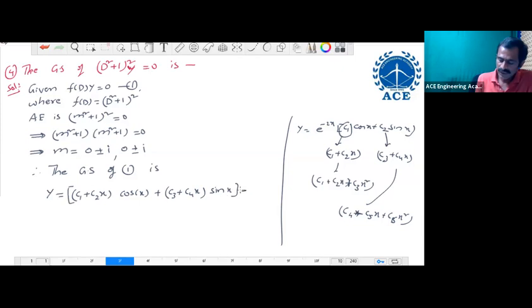E power 0x is 1. This is the general solution. Only in place of the arbitrary constants, we write the linear combination like this, corresponding to 2 times repeated roots. If the roots are repeated 3 times, we write it like this.